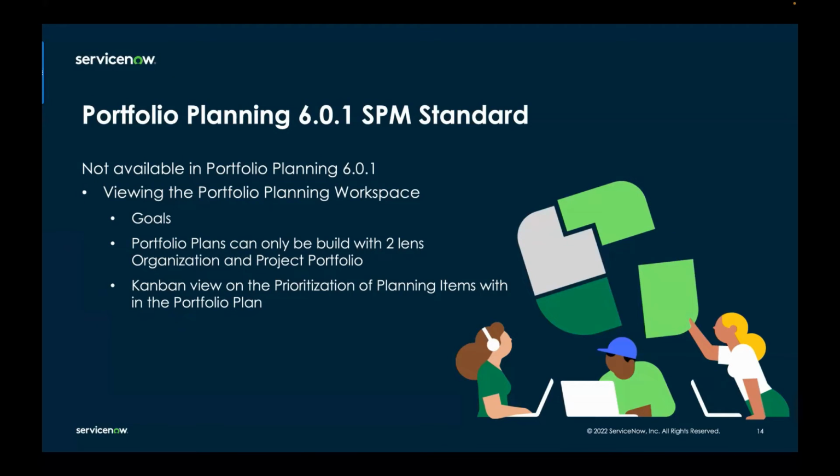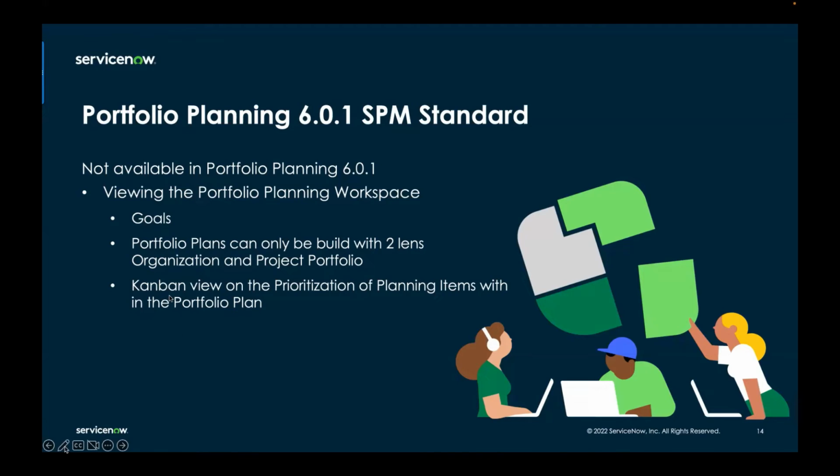What's not available in this is, when you view the portfolio planning workspace, goals are not available because that's our goals framework for SPM. The portfolio plans can only utilize 2 lenses, right? It's the organization and the new one, project portfolio.